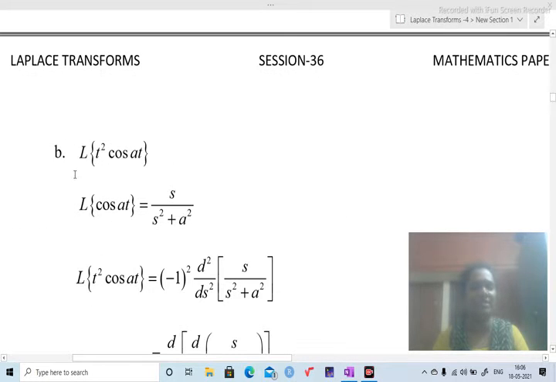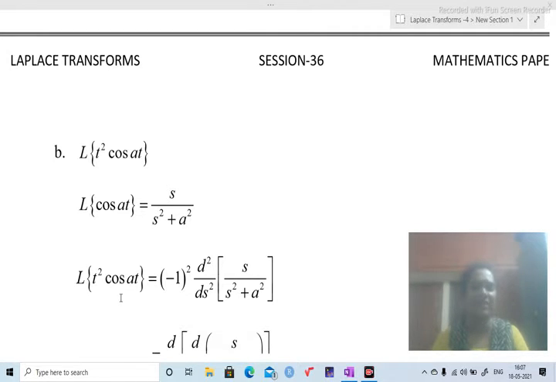Second question, Laplace transform of t square cos at. Observe, here the power is 2. That's why I am taking the d square by ds square term. Here L of cos at equals s by s square plus a square. Now I need the Laplace transform of t square into cos at.